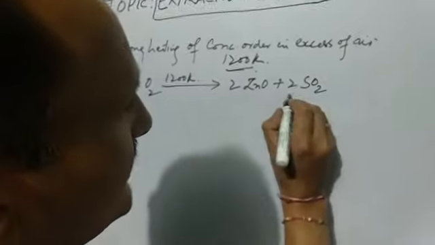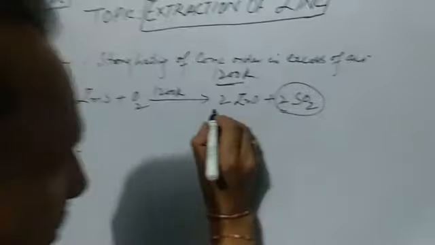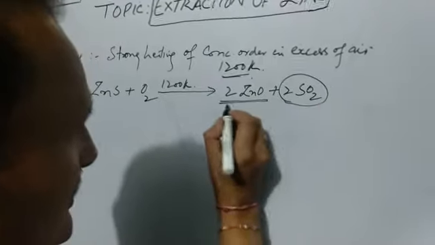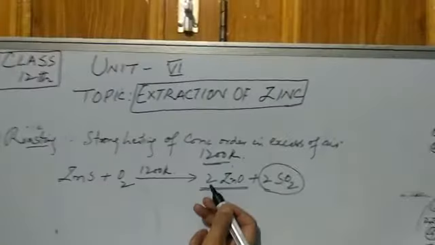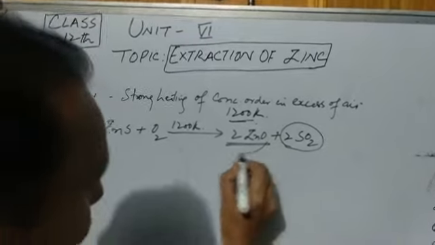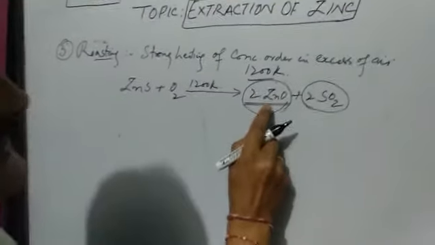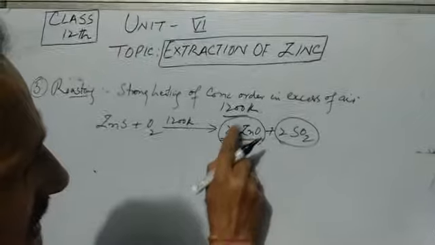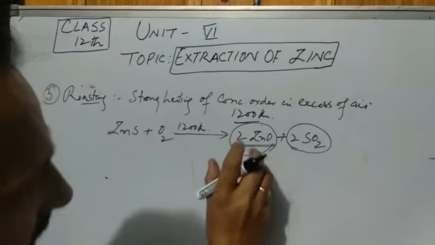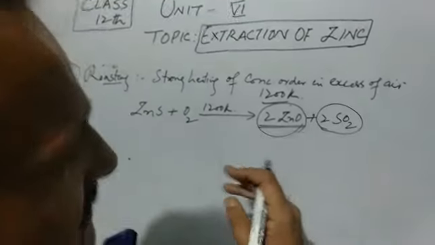This sulfur dioxide can be used for making sulfuric acid, and as a result we get ZnO, that is, it is oxide ore of zinc now, and oxide ore of zinc, you know, is known as zincite. So this is now zincite. This ore which we receive is known as roasted ore. It still contains impurities. For example, if we look at its chemical formula, we find oxygen is there. So we will have to extract it further.